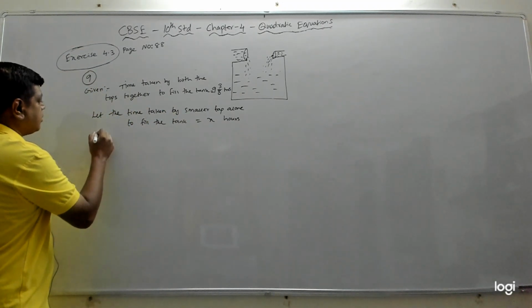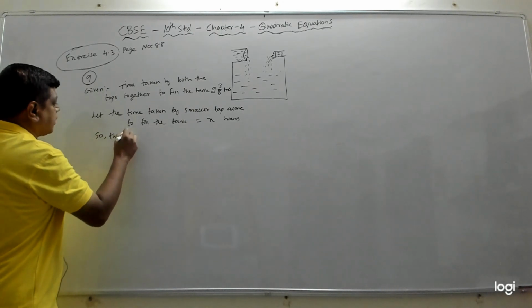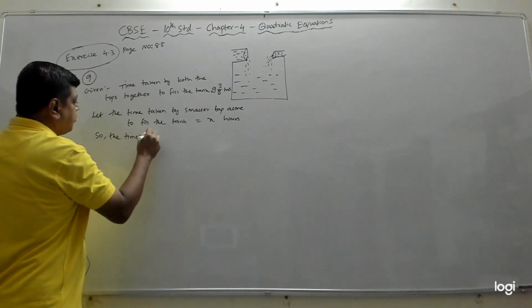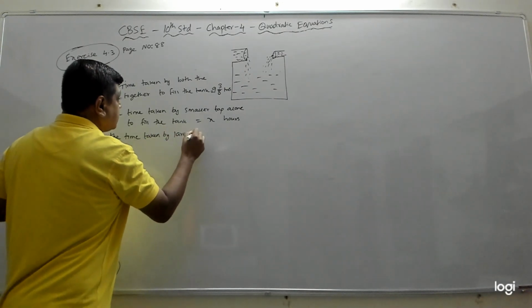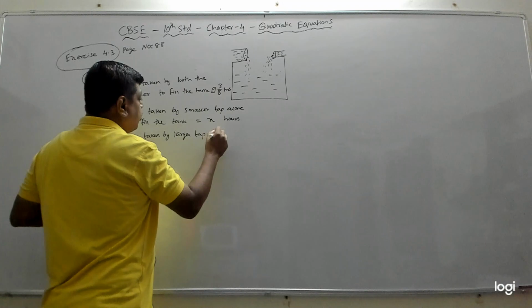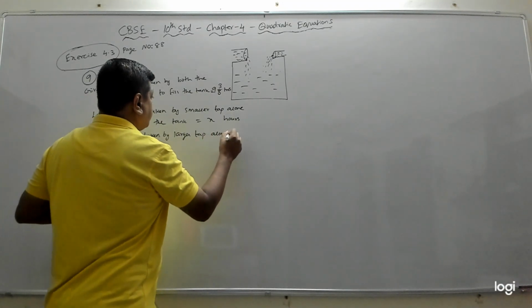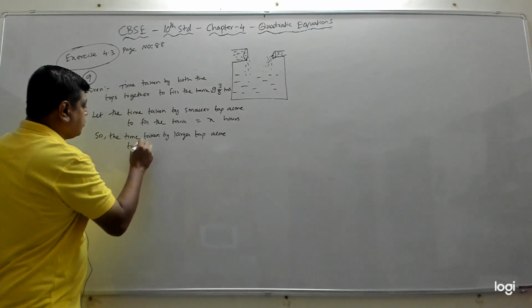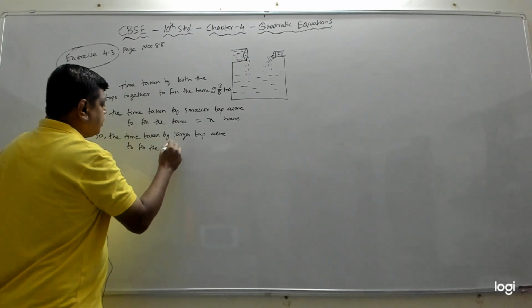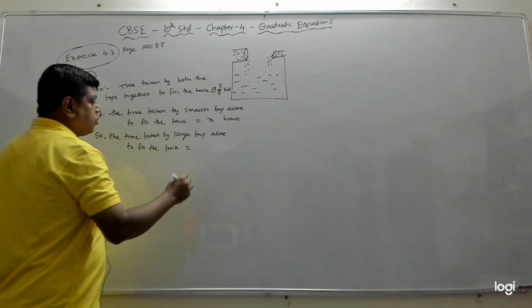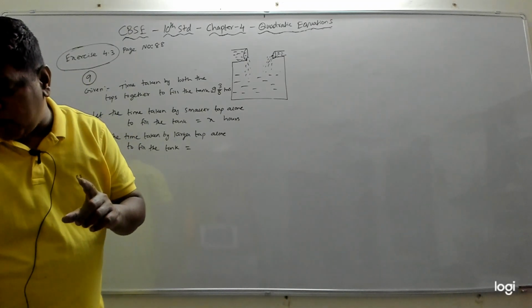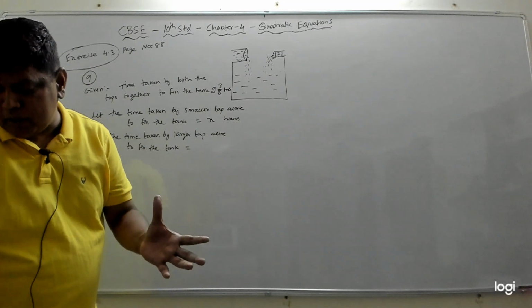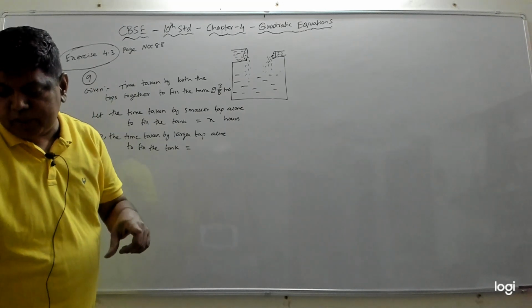Now the time taken by the larger tap alone to fill the tank will be equal to, see what is given, the tap with the larger diameter takes 10 hours less than the smaller one.